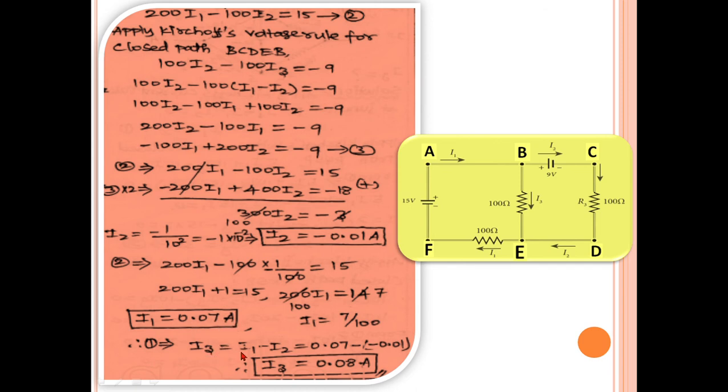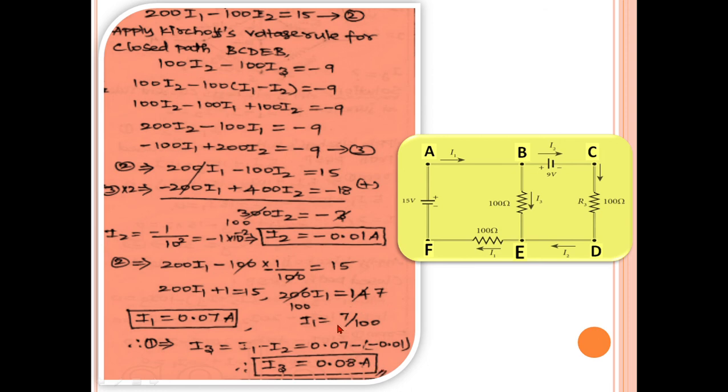So I3 is equal to I1 minus I2, which is 0.07 minus minus 0.01. Minus into minus is plus, so 0.07 plus 0.01 is 0.08 ampere. Here the I3 value is 0.08 ampere.